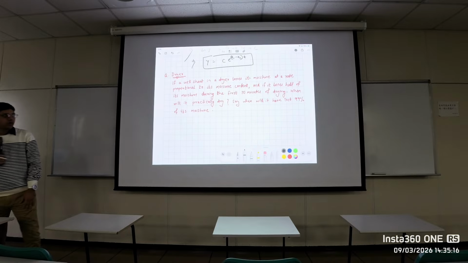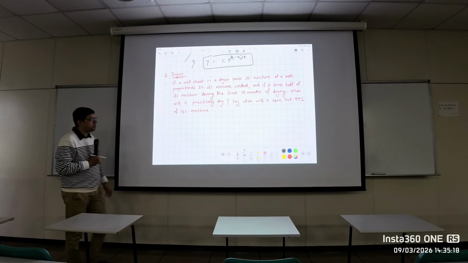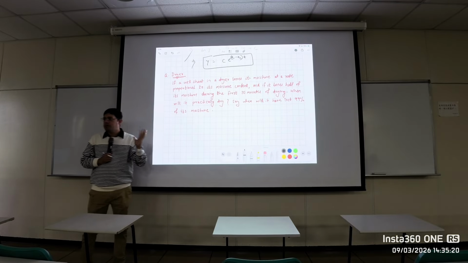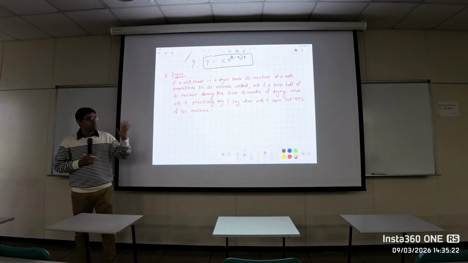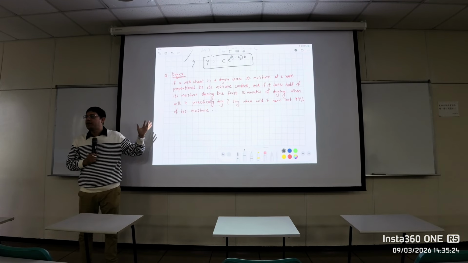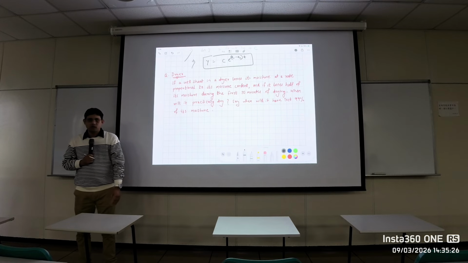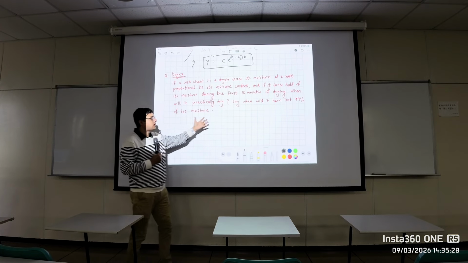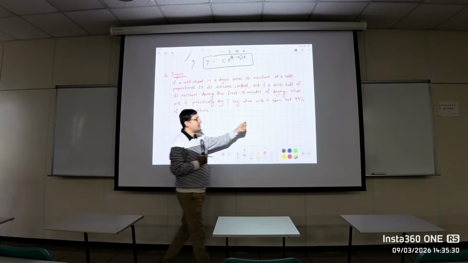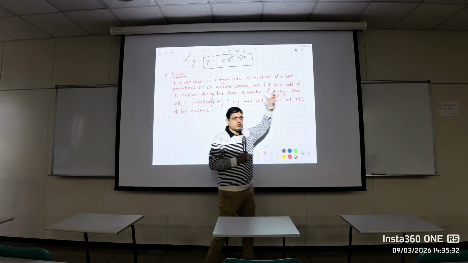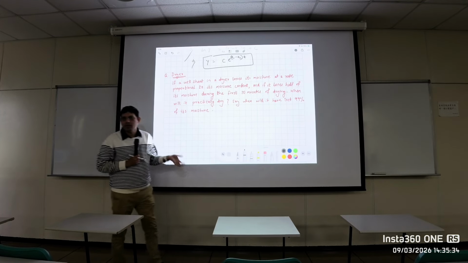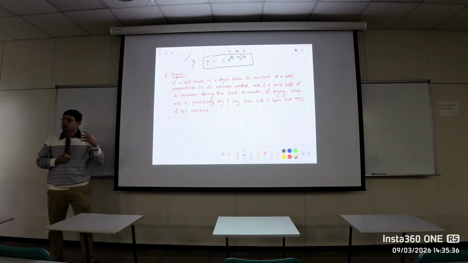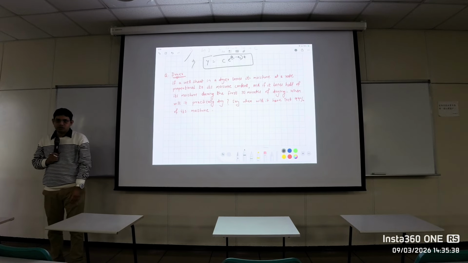Now it's asking the question, how much time does it take to make your cloth completely dry. When you say completely dry, it means it should be 99% dry. Complete dry means 99% of the moisture will be dried out.